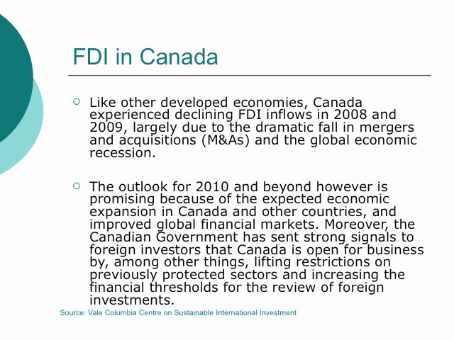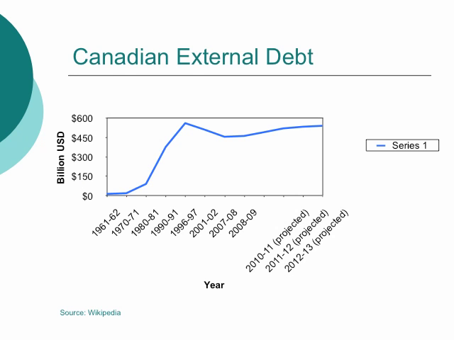So this slide is about the Canadian external debt. Canada's federal debt grew steadily between 5% and 10% per year until 1975. For the next 12 years, it grew on average over 20% per year. It surpassed $100 billion in 1981 and peaked at $563 billion in 1997.